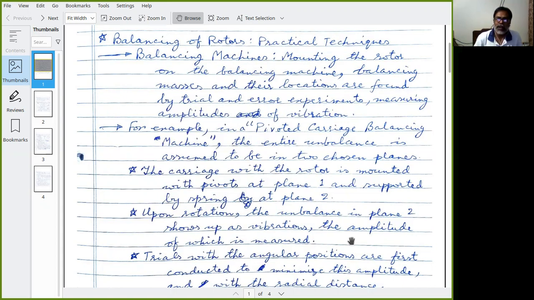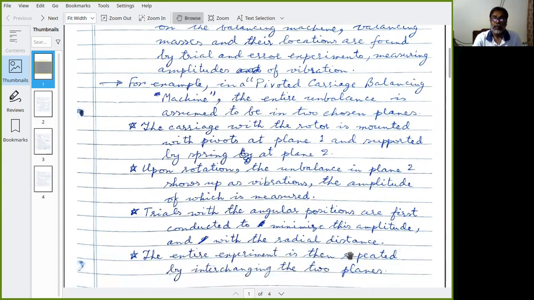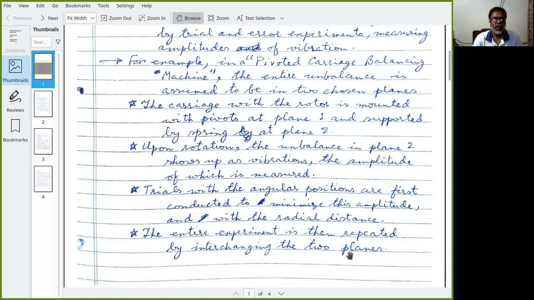Then you take a trial mass, put it at some location on the rotor, and repeat it. Now, whatever amplitude of vibration takes place, measuring that is the more important thing.